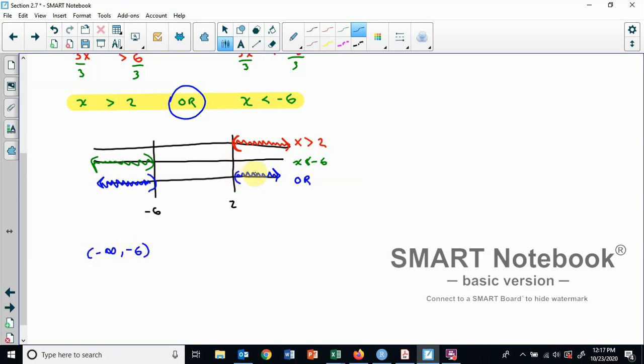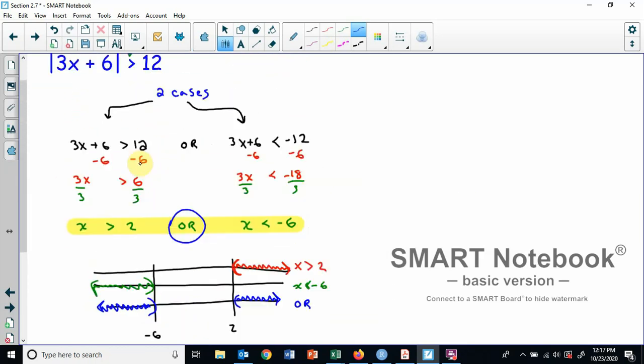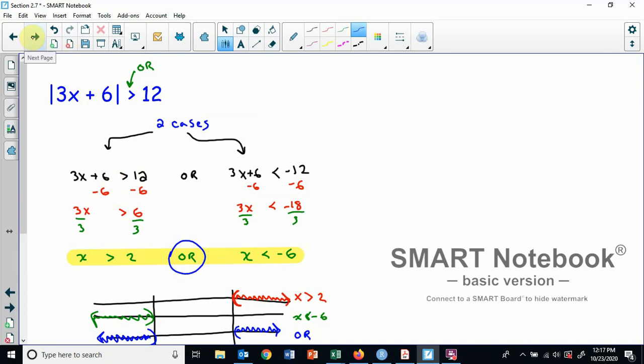This one starts at 2 and stops at infinity, using the same symbols on the numbers. And remember, we put a union symbol in between those to say both of these belong together to make up the answer. All right, awesome. I hope that you're doing well. Moseying along. Okay. Let's look at two more examples that are different or have some funny things going on.